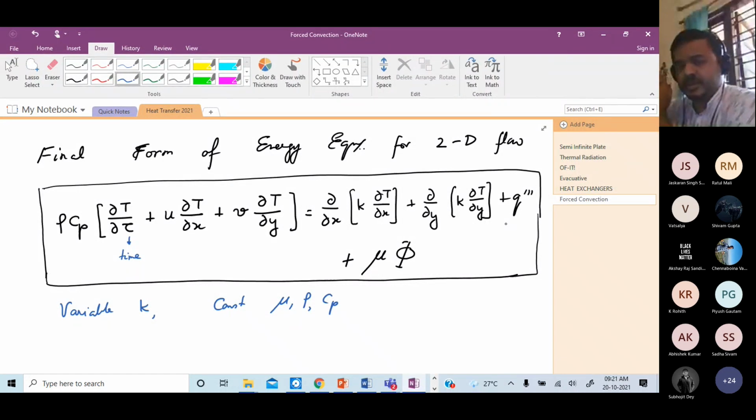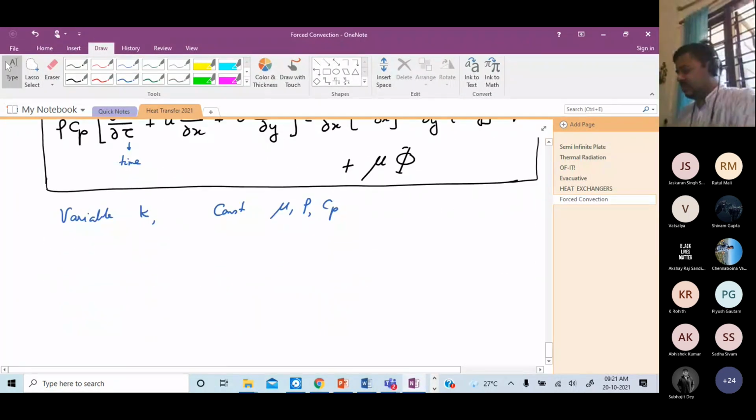Mu is the viscosity, and phi is known as the viscous dissipation term. Actually, this whole mu phi is known as the viscous dissipation term, and phi is given as this: del u del y plus del v del x.